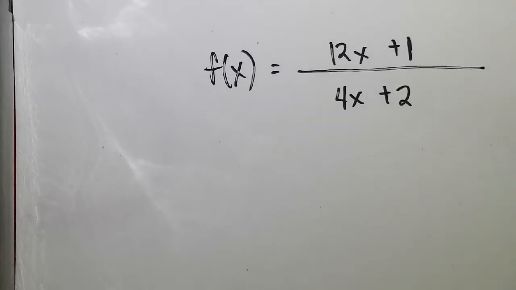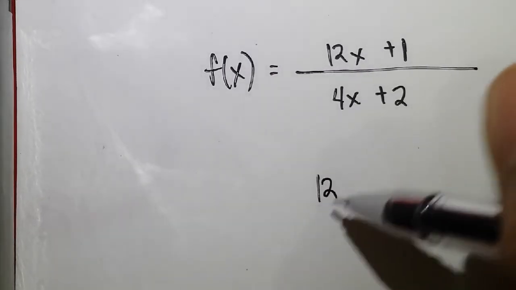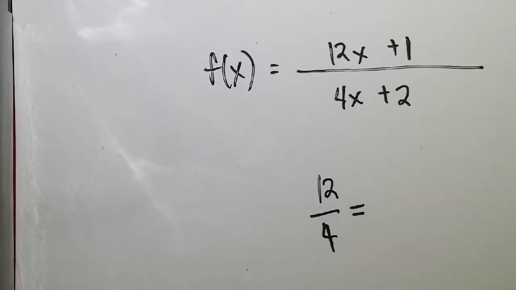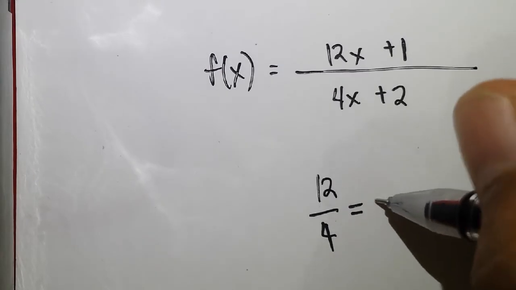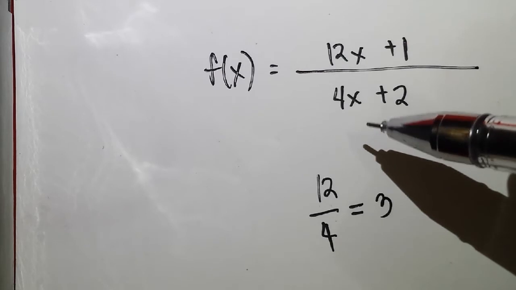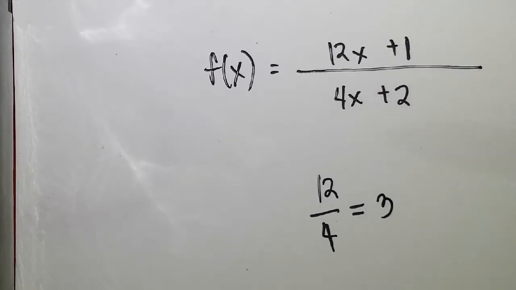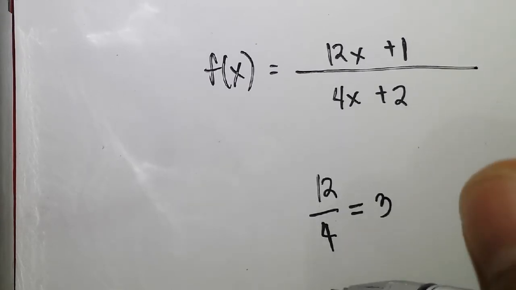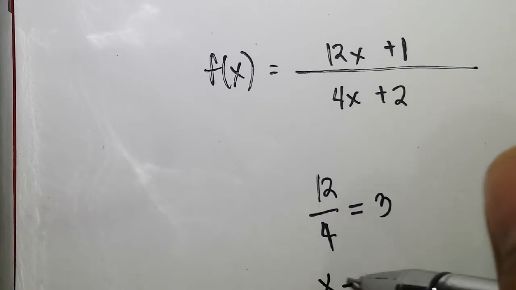So 12 divided by 4 is equal to 3. Since we already divided the leading coefficients, the horizontal asymptote will be y is equal to 3.